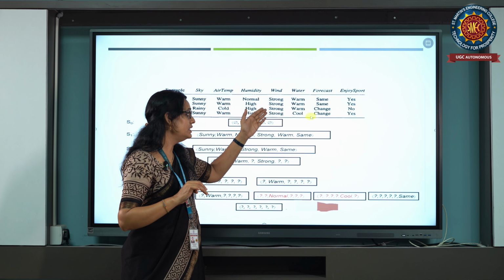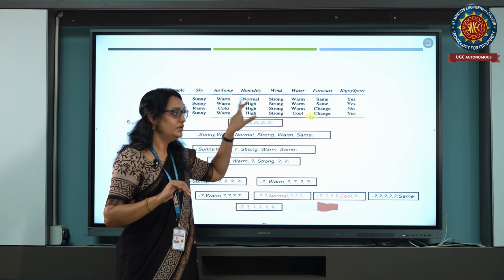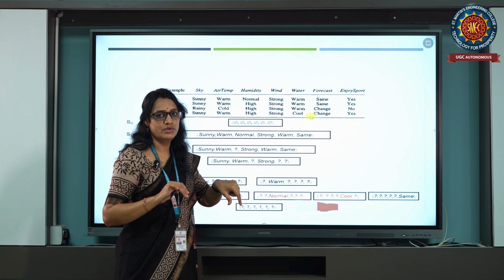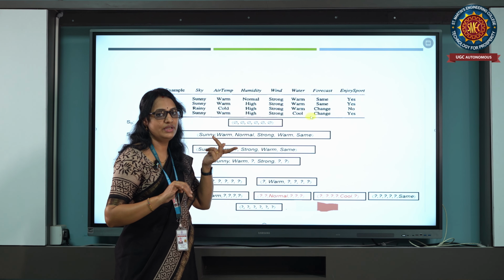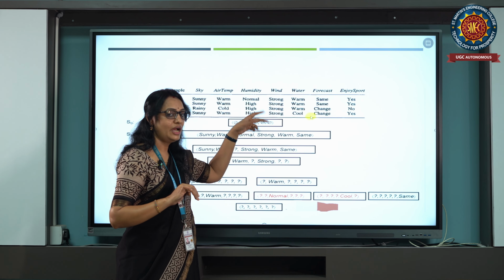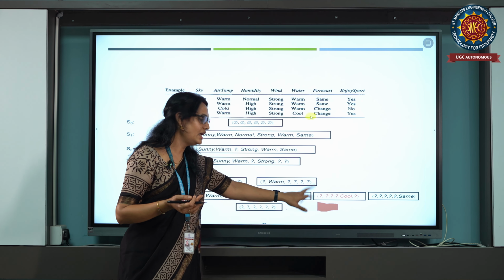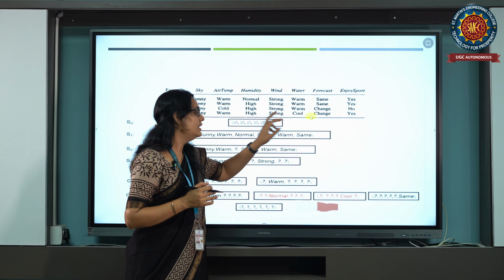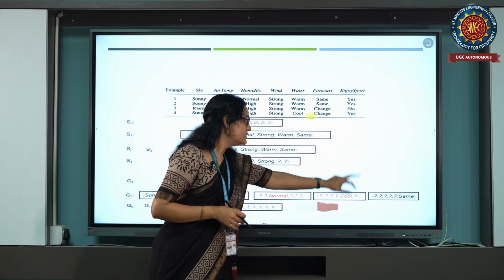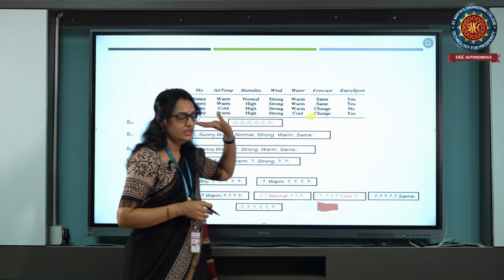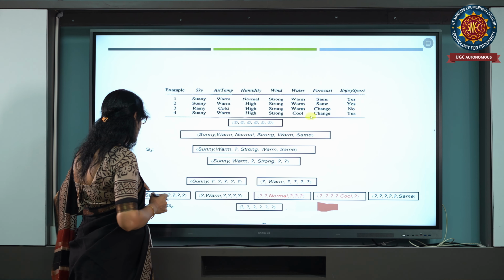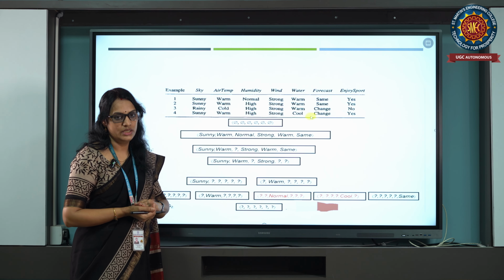See here in wind, for the positive example it is strong, and for the negative example it is also strong. Both are the same, so I am ignoring that and have not written anything here. Let us come to same and change. I'm changing here, just remember that. So our G3 is initialized with these values.